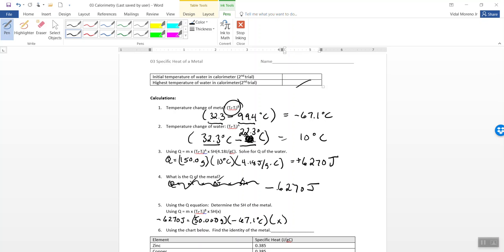Hopefully, it'll be a decimal. If not, then these numbers I made up were bad numbers. Who's got it? Anybody? How about 1.87? Oh, man. Yeah, that's not possible.